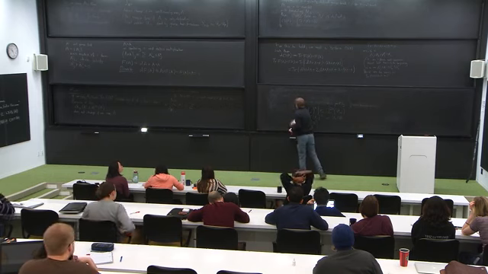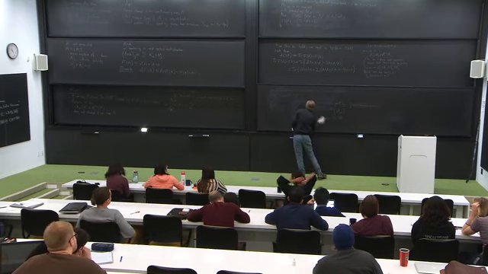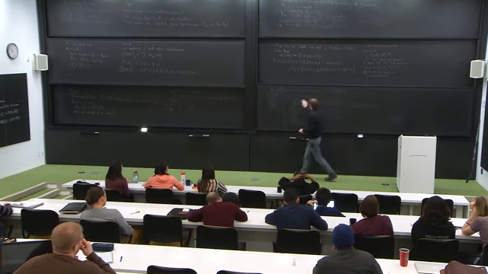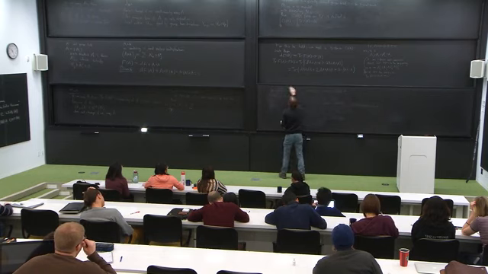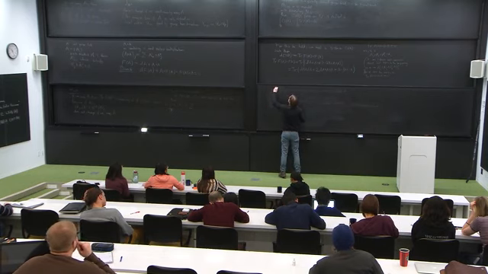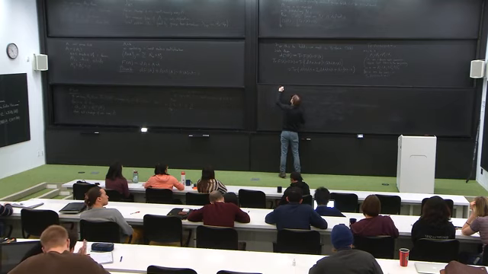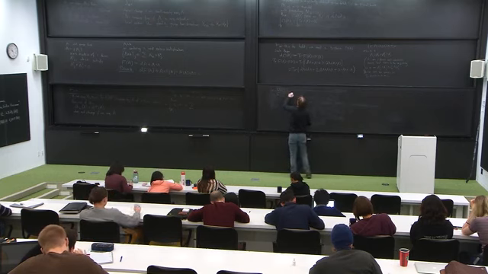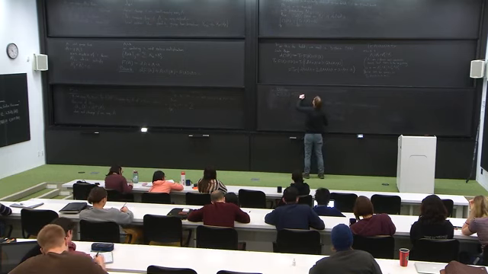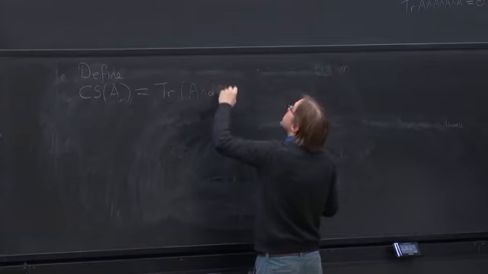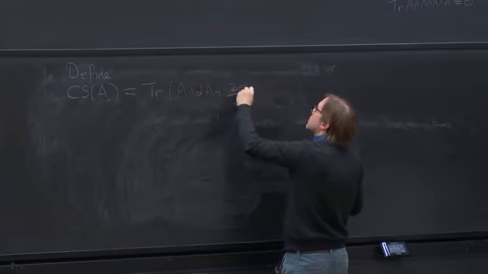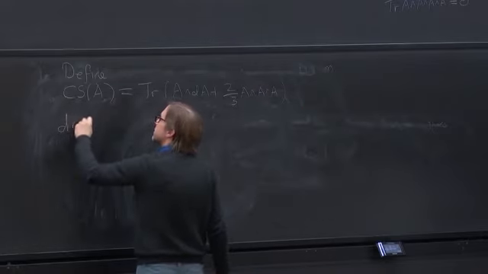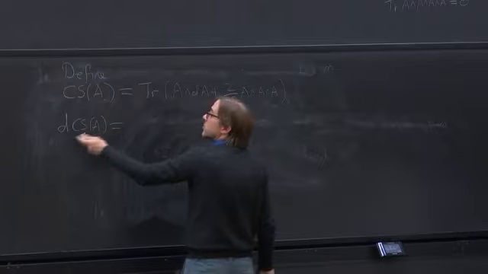And now we can guess a nice answer. We define the Chern-Simons Lagrangian of A to be trace of A dA plus 2/3 A wedge A wedge A. And then d of CS of A, I can move inside the trace.